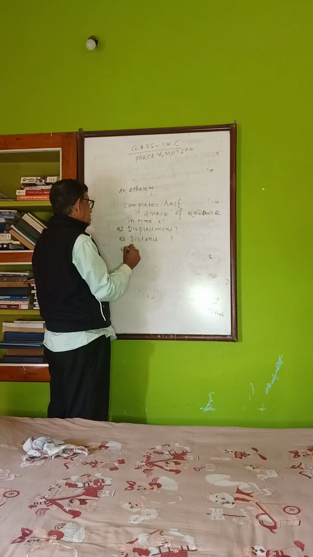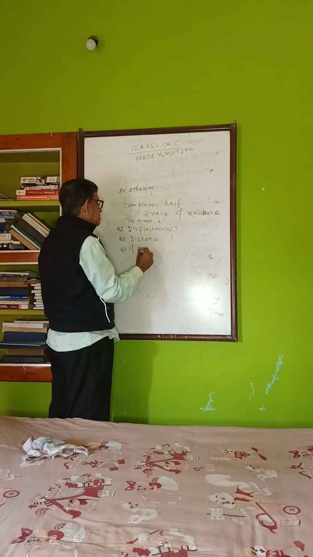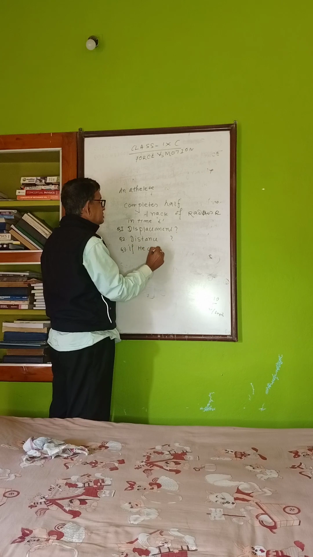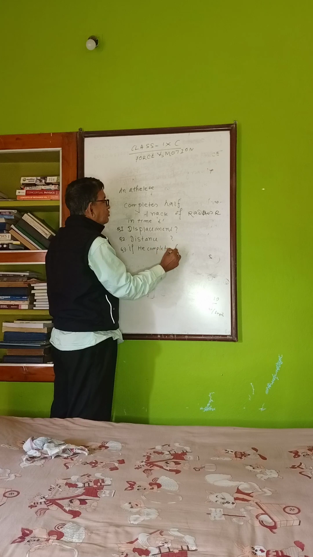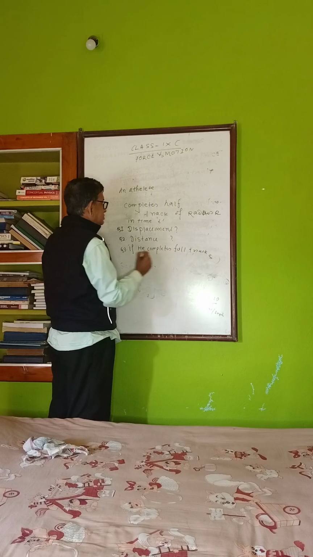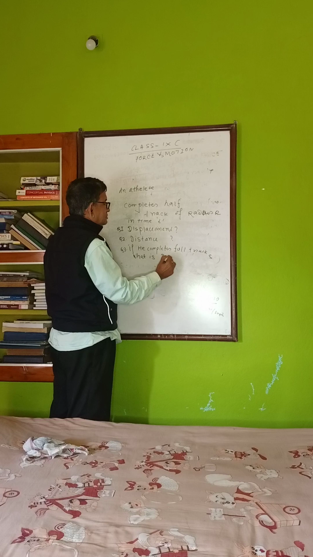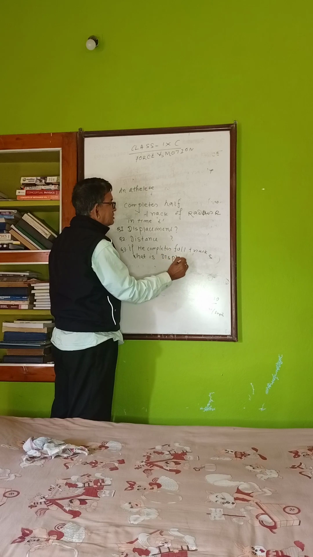Question 3: if he completes the full track, what is the displacement and distance?